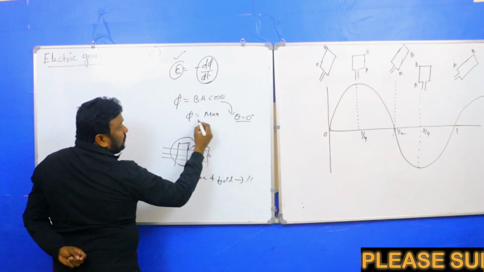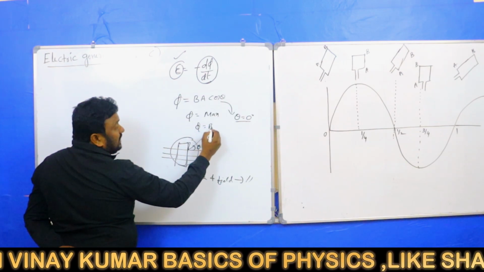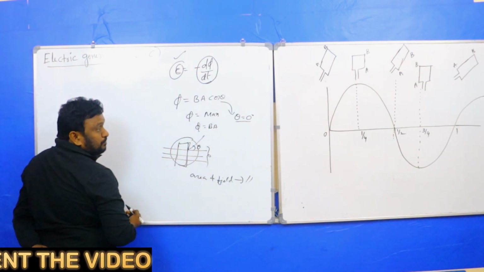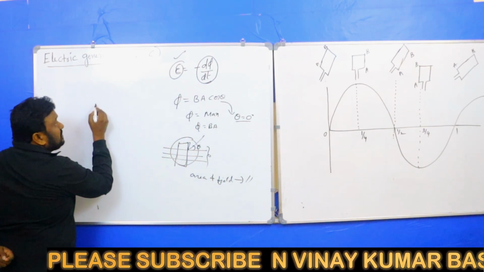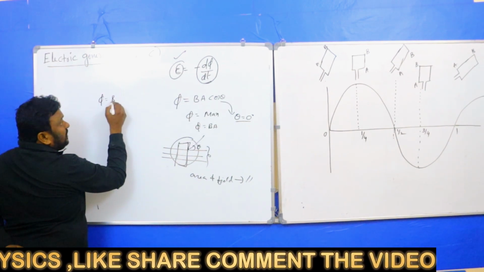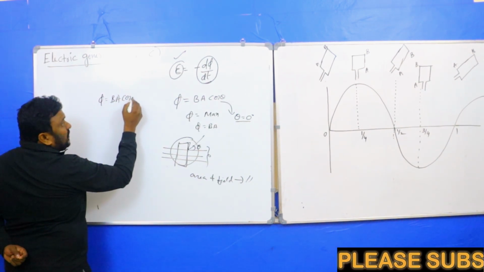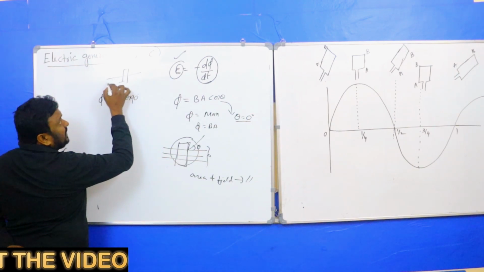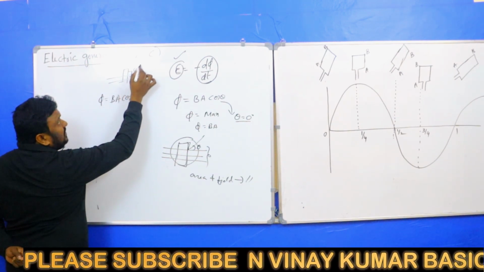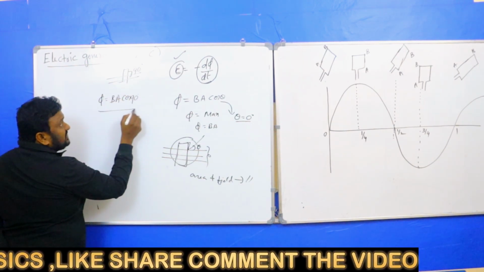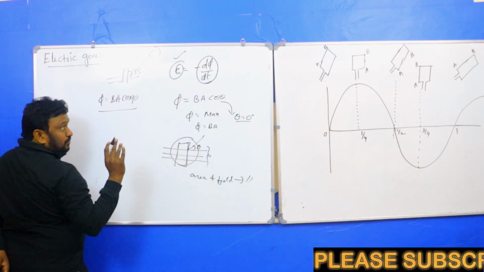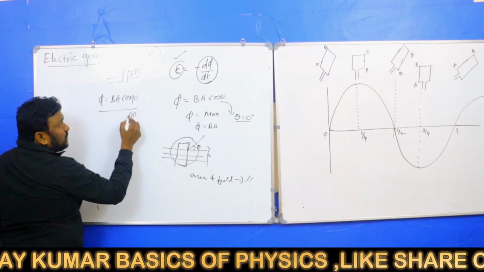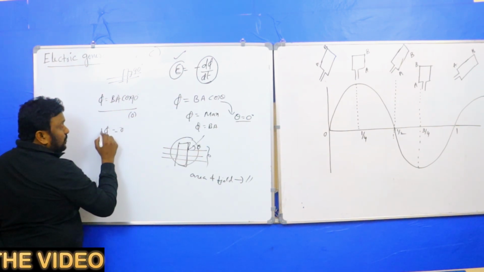When the angle is 0, flux is maximum, we can write phi equals BA. And the flux is minimum when phi equals BA cos 90. It means that the particular area and magnetic field are at 90 degrees, then the flux is going to be minimum. Why? Because cos 90 is 0, then flux is 0.